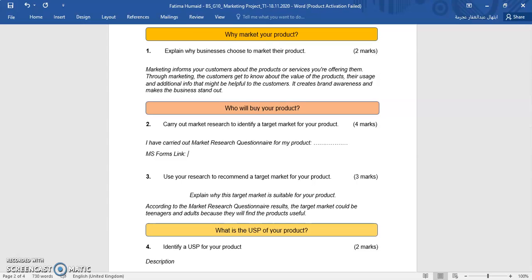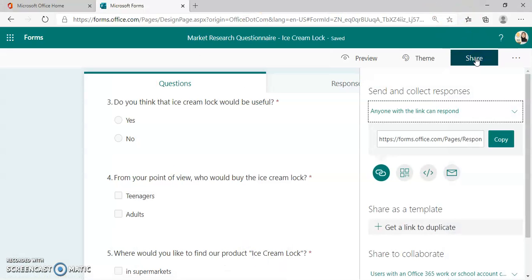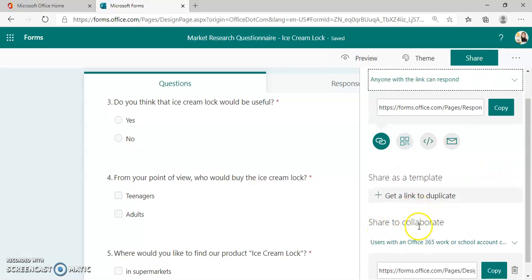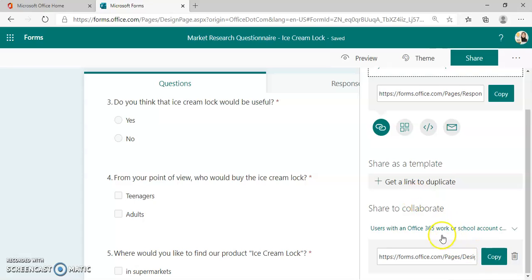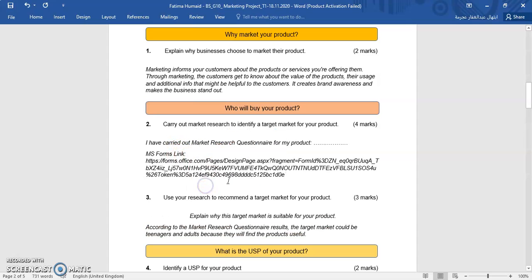For example, you're going to click on share, but you are going to choose share to collaborate. Why? Because when you click on share to collaborate, the marker can view the responses of your questionnaire or of your form. Like this, copy, and then you paste the link in your Word document in the project.